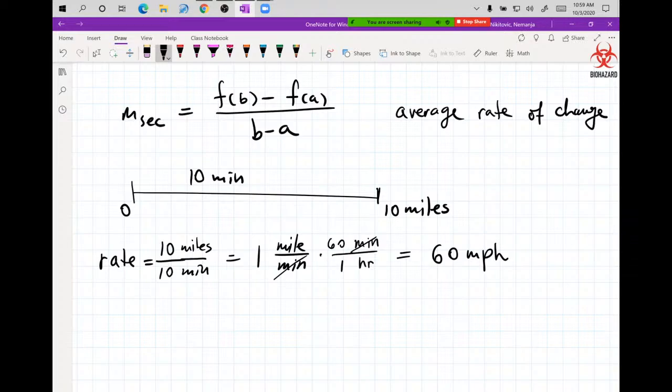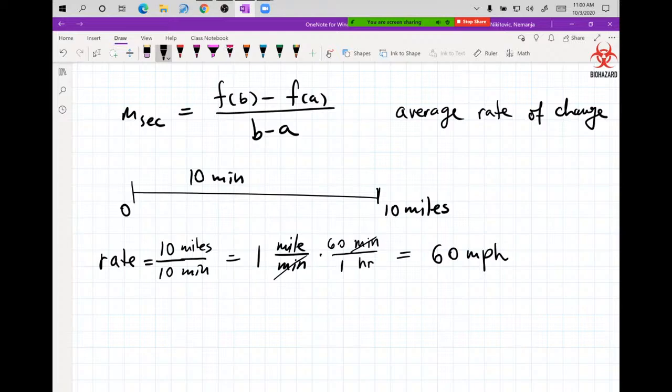So this means that if you drive all the time for the entire 10 minutes, if you drive exactly 60, you will cover 60 miles. So that's approximately our college to New York, approximately 60 miles.